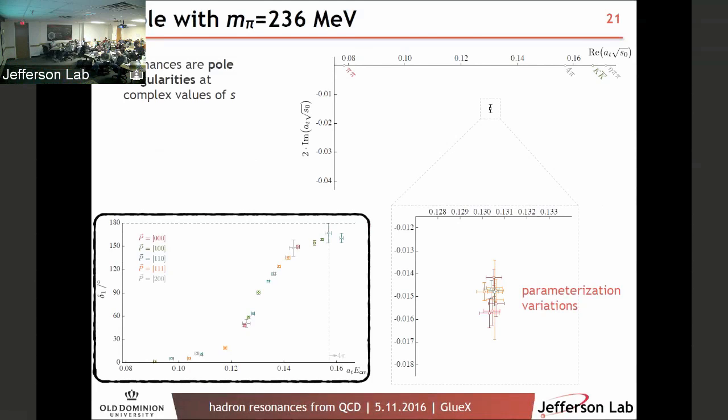Take the energy to be a complex variable, and then a simple resonance corresponds to a pole-like singularity somewhere off the real axis. This is the real energy axis. You go some way off, and you'll find there's a pole-like singularity. You can argue that's what the rho is. That's how you know there's a rho: you find a pole-like singularity there. And here it's pretty straightforward to do that.